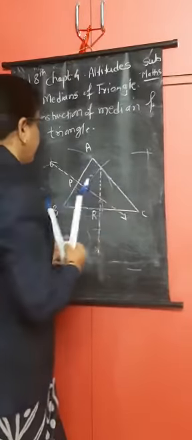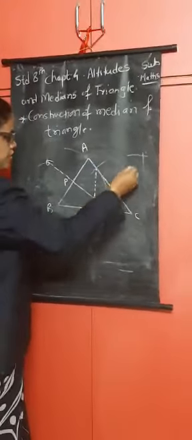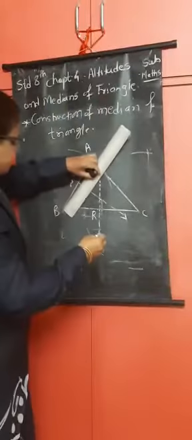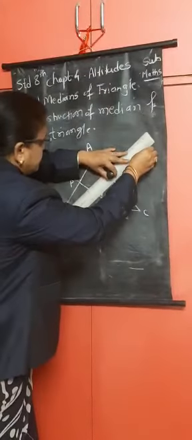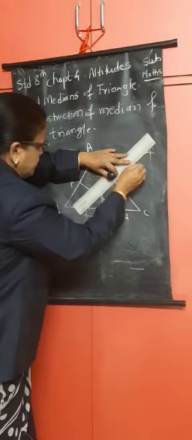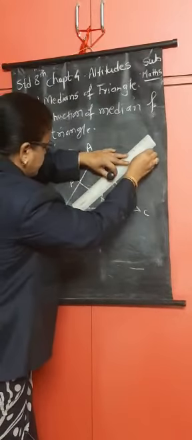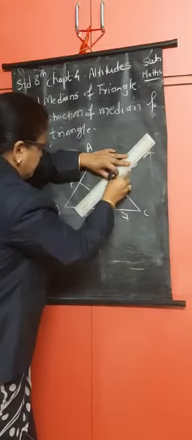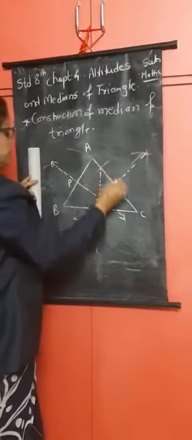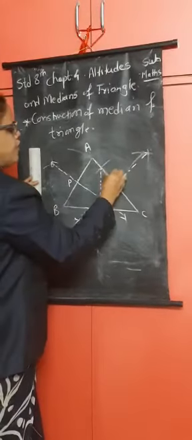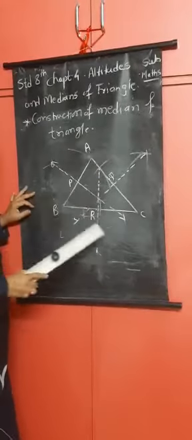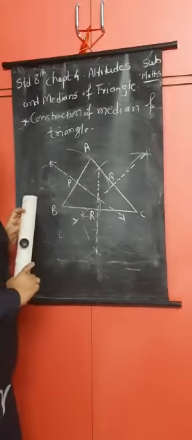So we got the points here. Then we join both these points. In this way, we got the point Q, the midpoint. In this way, we got the three midpoints.